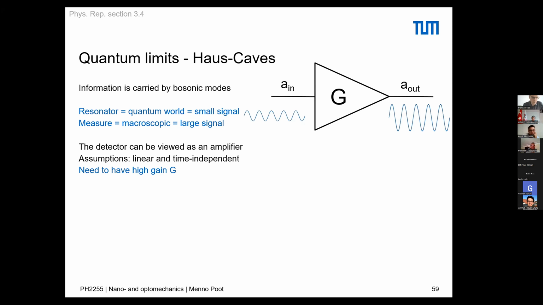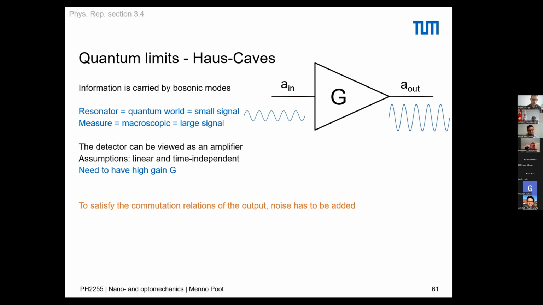Okay, so we look now at the Haus-Caves derivation over here, and we see that we could now see our detector as an amplifier, and this amplifier needed to have high gain to connect a very small signal coming from the quantum world to the large signals that we need in our macroscopic world.